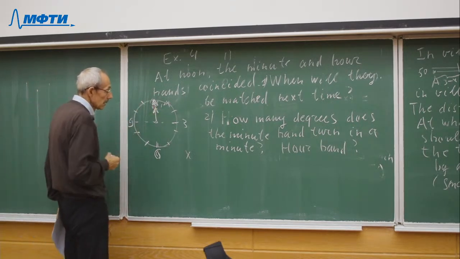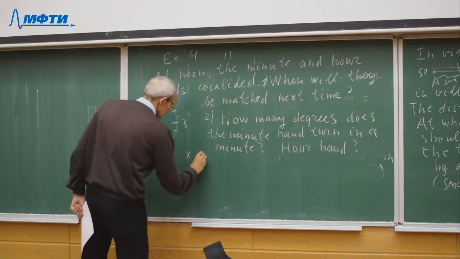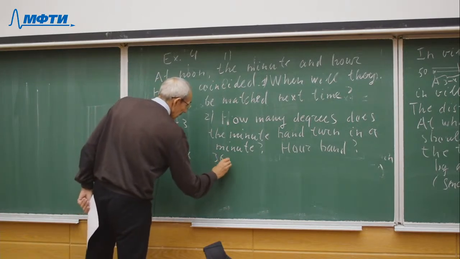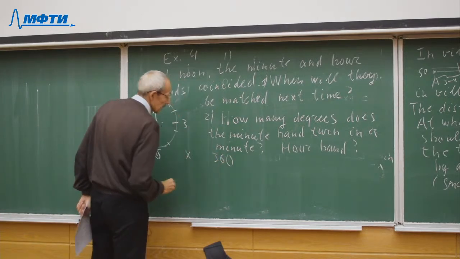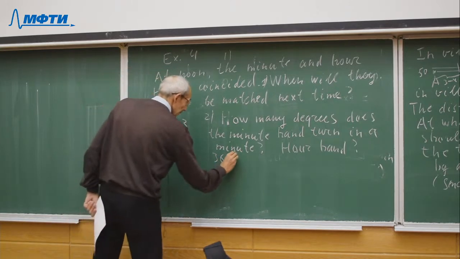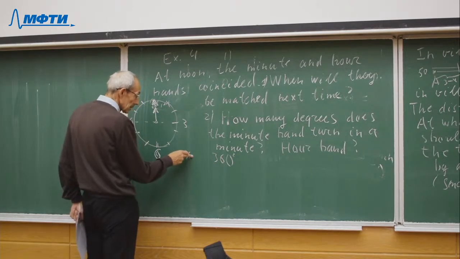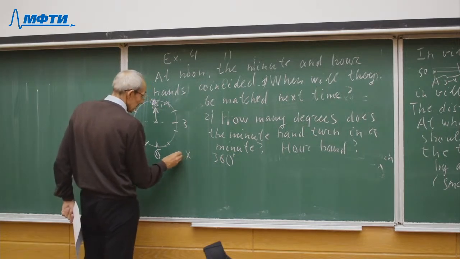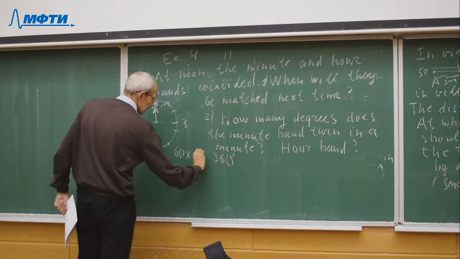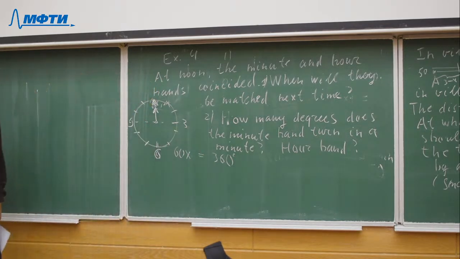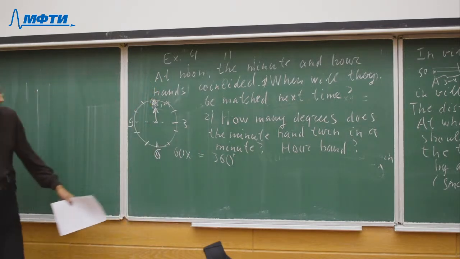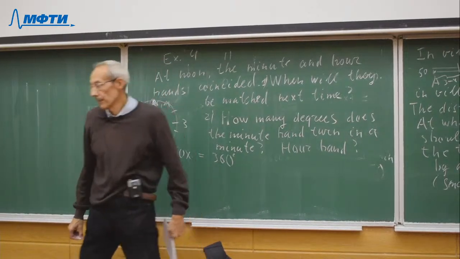The whole way is equal to 360 degrees, and the time is 60 minutes. What is the velocity of the minute hand?